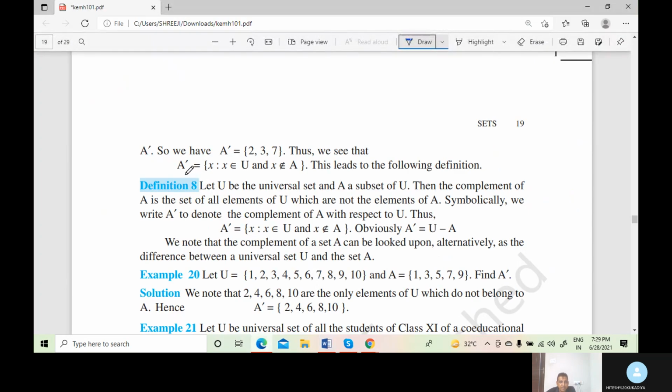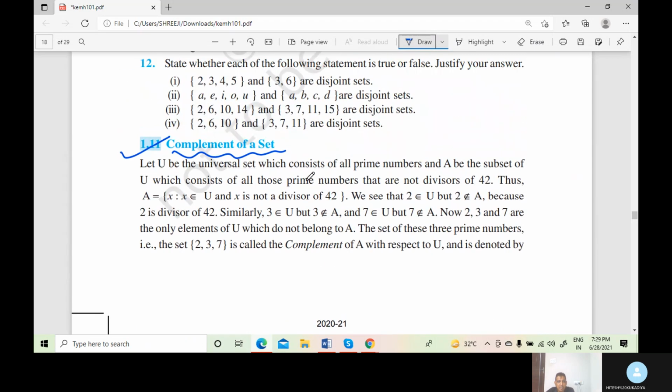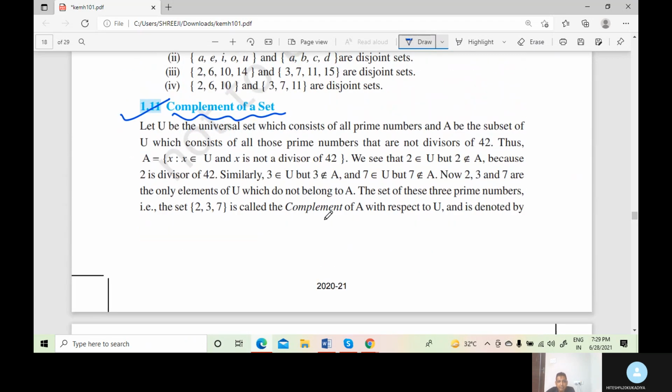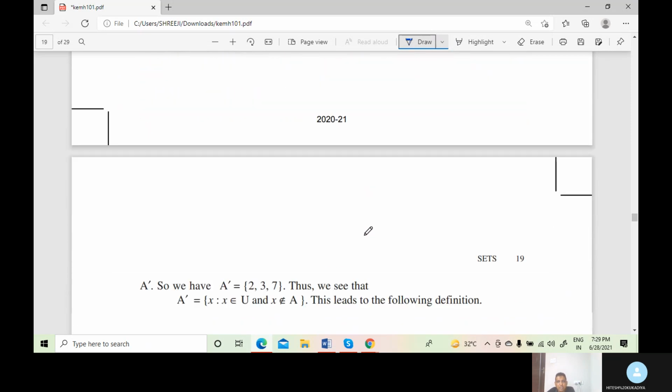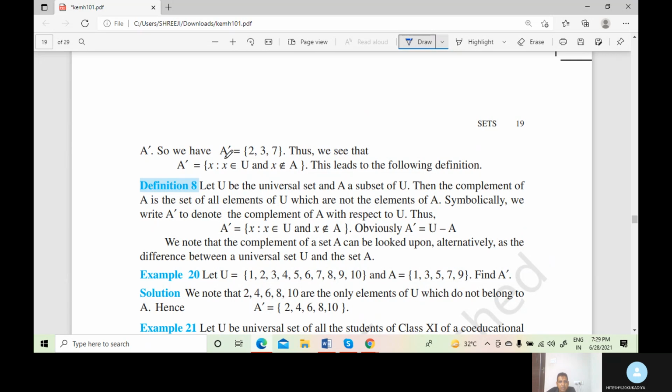Now we go to the textbook. Look at your definition here. First, complement of a set. The complement of a set is with respect to U, and the symbol is given here.